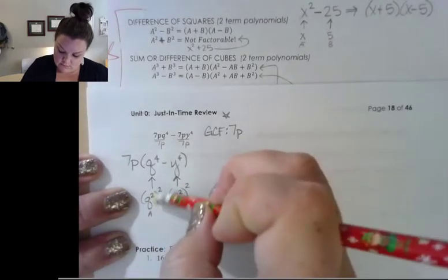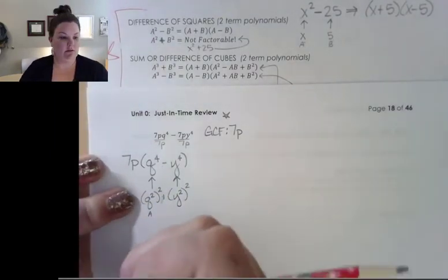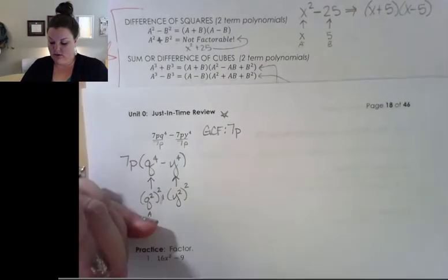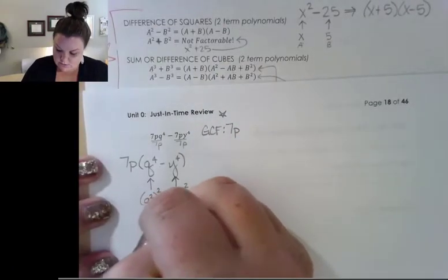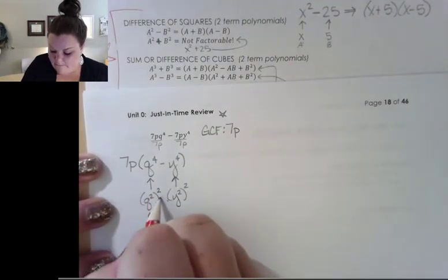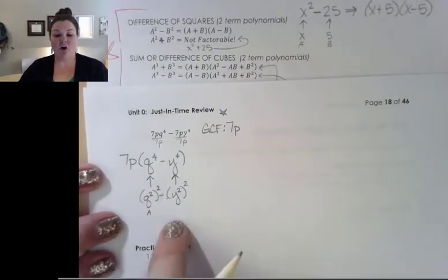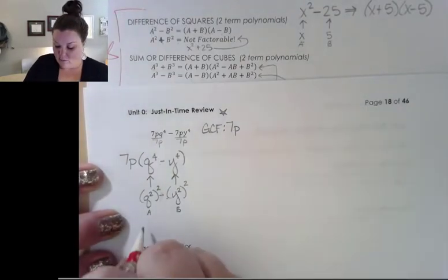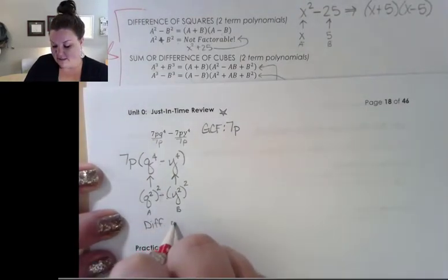Oops. Oh, man. This eraser is crusty. Let's see if I have another pencil. Crusty eraser. Okay. Minus. All right. So now I can see this is my first base, this is my second base, and what I have here is a difference of squares.